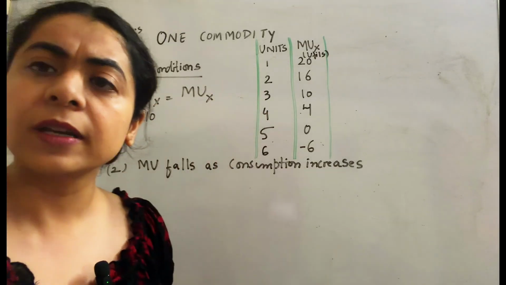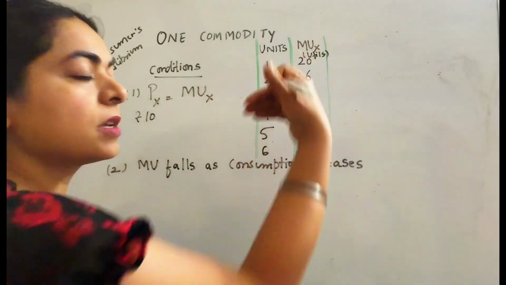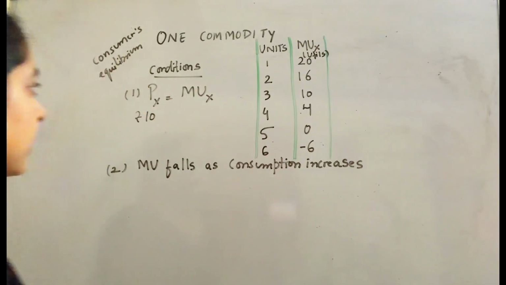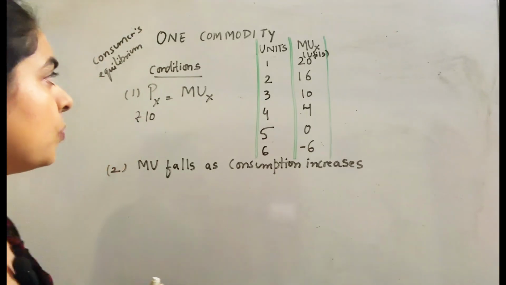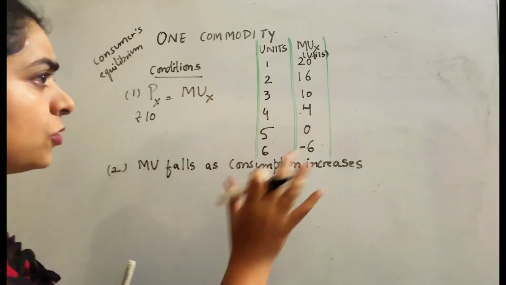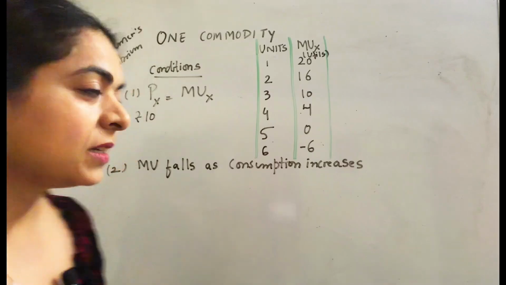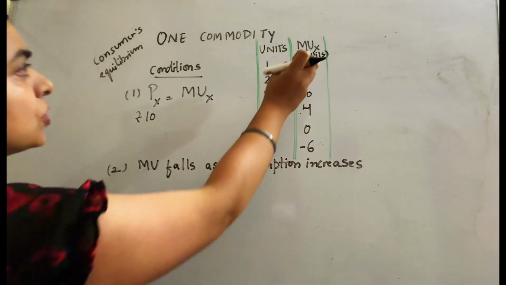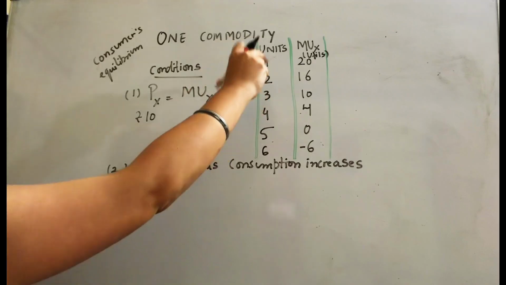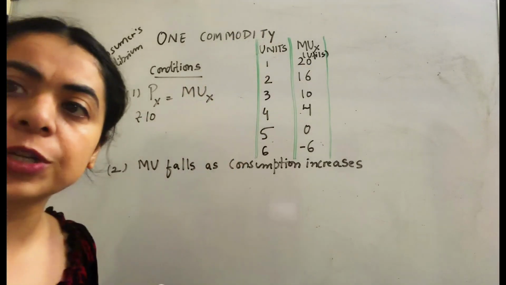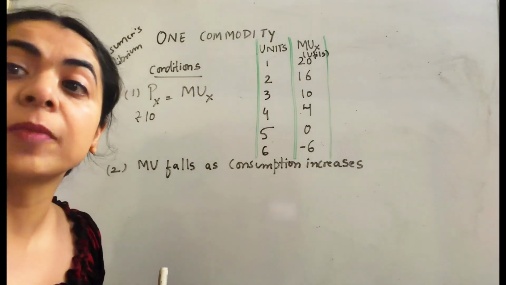But we need to understand here that the marginal utility is given in terms of utils, whereas price is given in terms of rupee. So in order to compare both of them, we need to convert the marginal utility into terms of money.